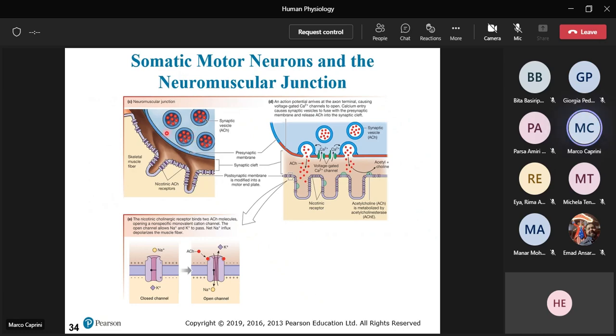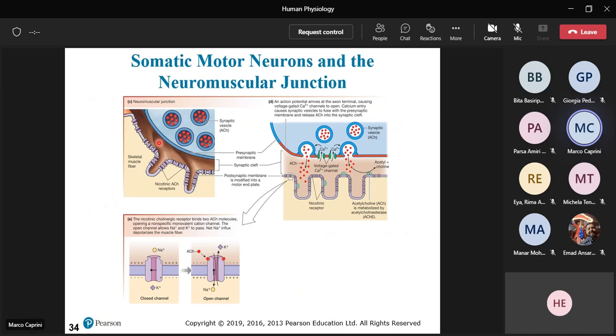The acetylcholine initiates an action potential where? In the muscle fiber. How? The acetylcholine binds to the nicotinic receptor on the sarcolemma of the postsynaptic membrane, which is the muscle now, and generates an action potential.